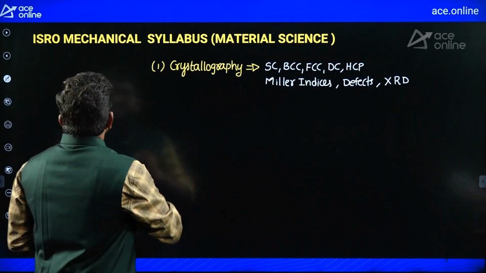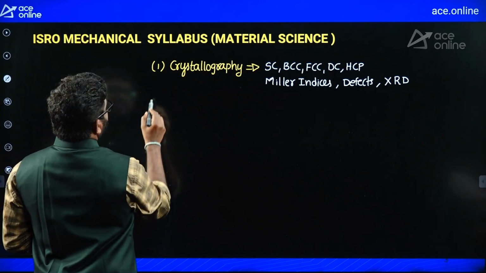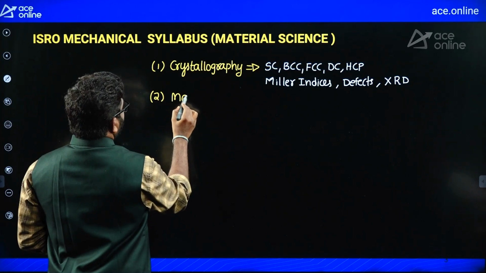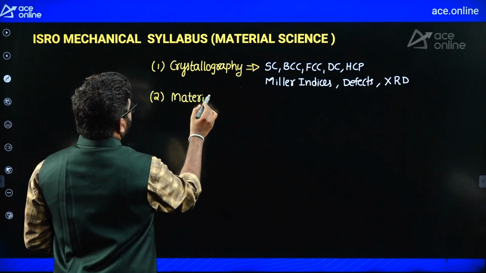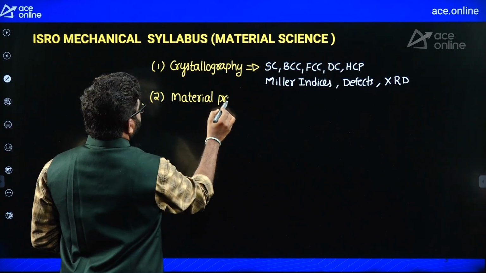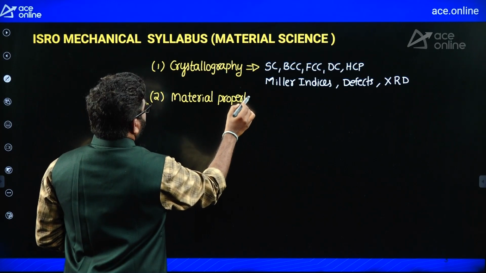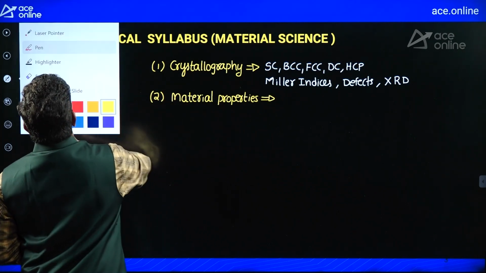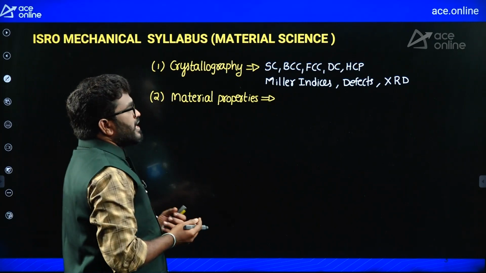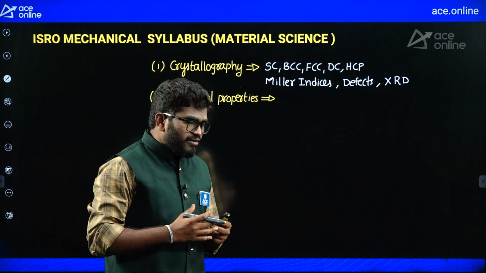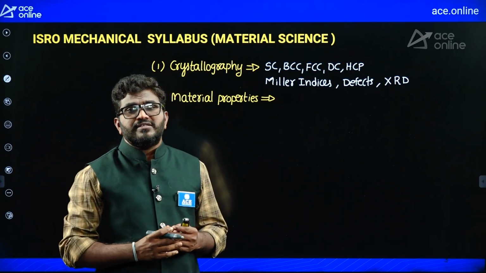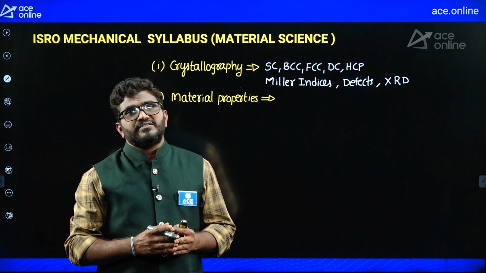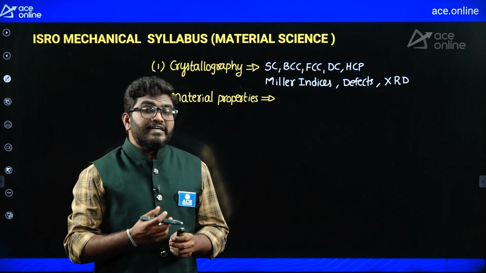Now, the second topic here is material properties. From the material properties, they will ask you questions, especially on mechanical properties of materials, like strength, hardness, ductility, toughness, resilience, proof resilience, creep, density.